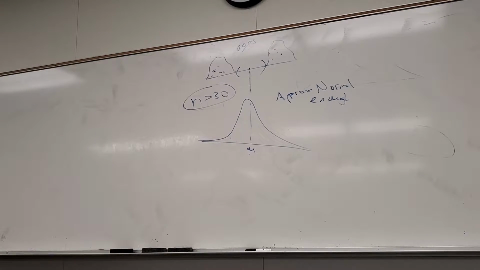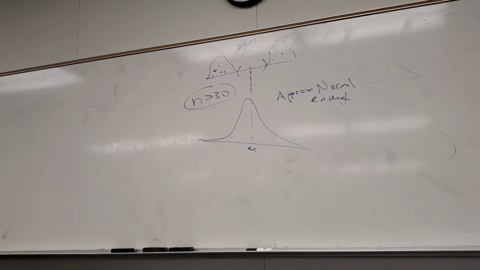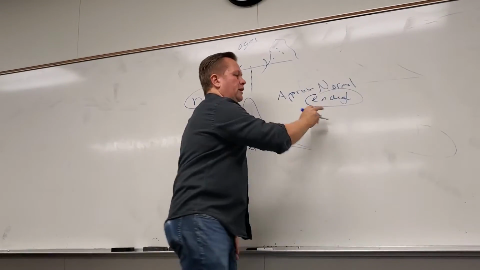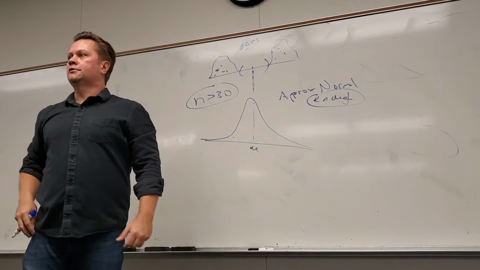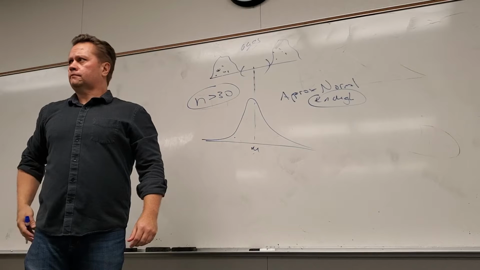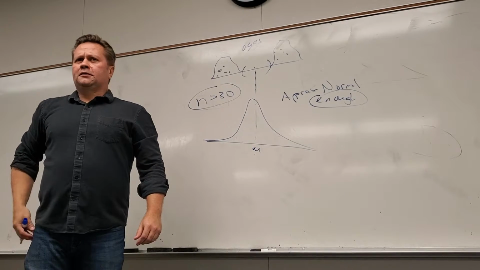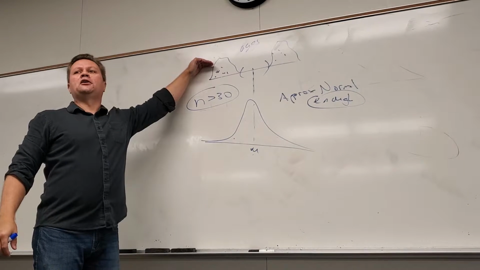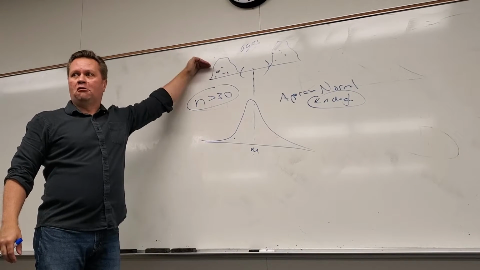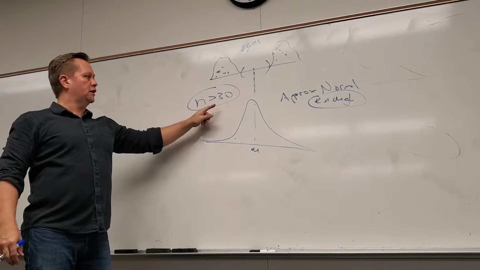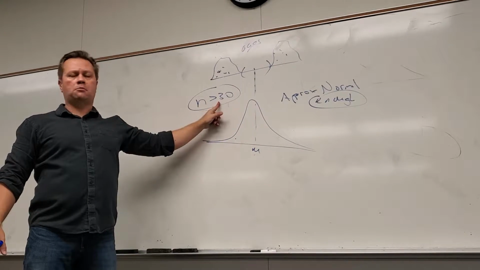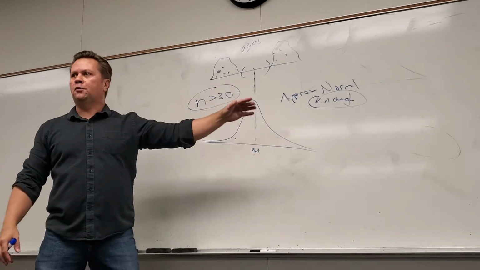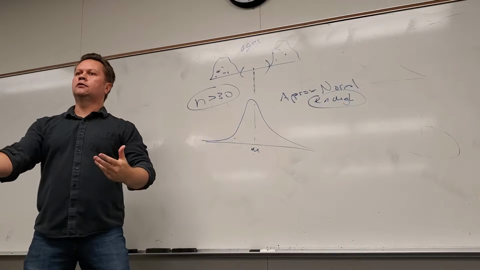So I got a sheet of answers that I can only use if I know my curve is normally distributed. So when I say normal enough, I mean enough to use that chart. So could I use the chart for a problem from this? Hell no, because it's not normal. But if the question said you took a sample of more than 30, what's the probability the average is somewhere? I can use the chart.